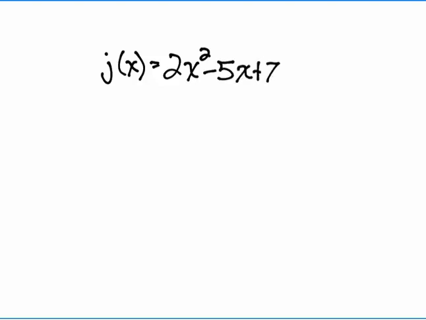Take a look at the next one. I'm making a blank page for this one. j(x) equals 2x squared minus 5x plus 7. All right. So we can think about that for just a minute. Well, when we take a look at this, we know that this is factorable, correct?